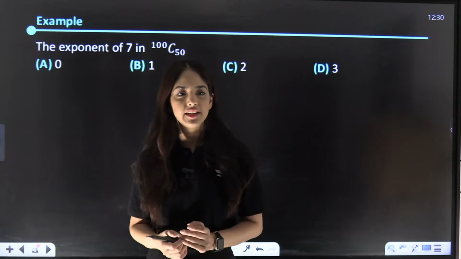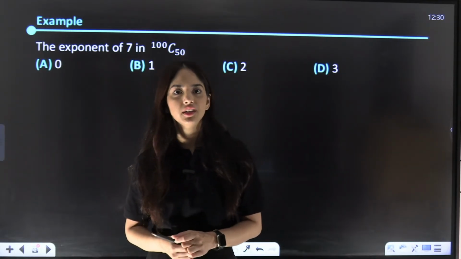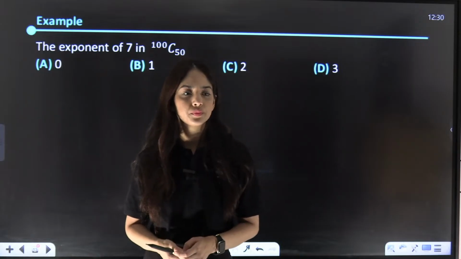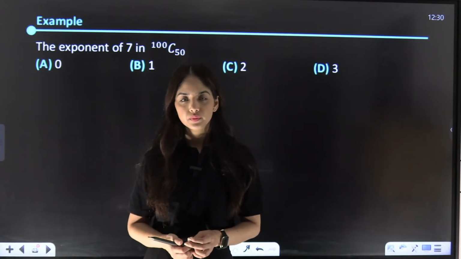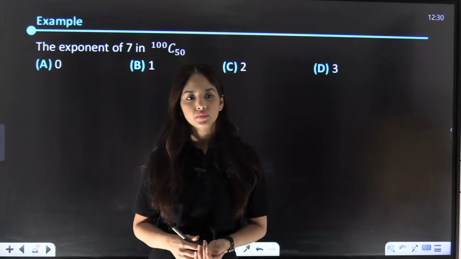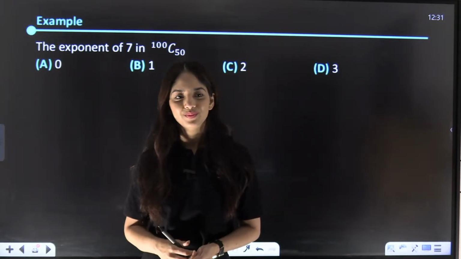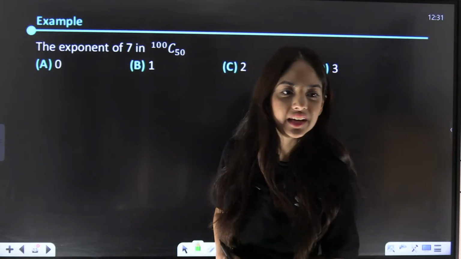I'm still not seeing a correct answer in the options. Still keep trying. Yes, 0 is the correct answer.